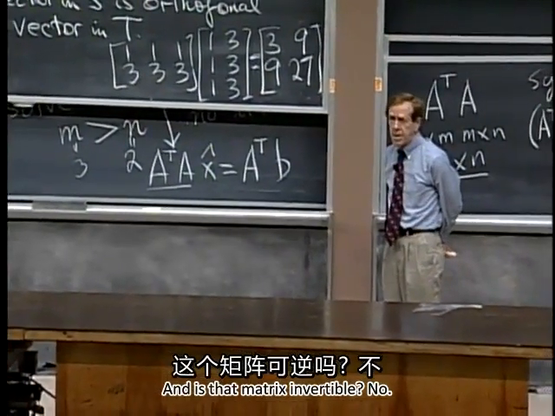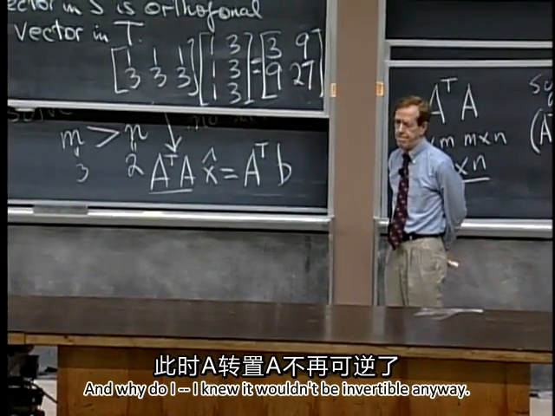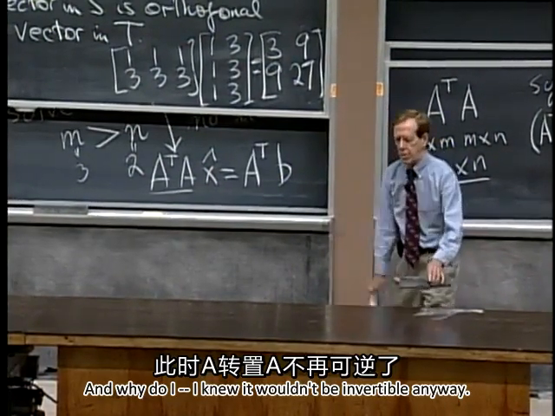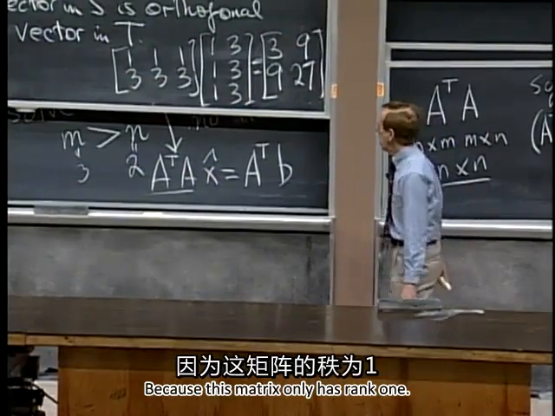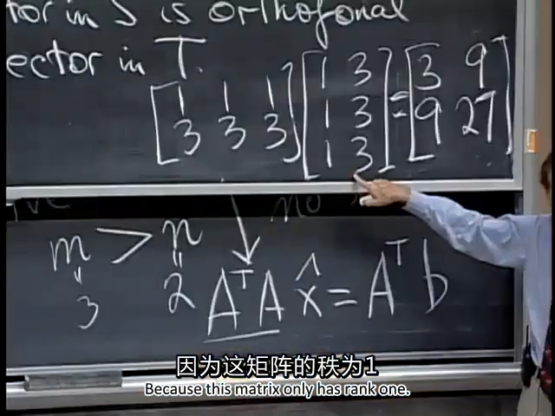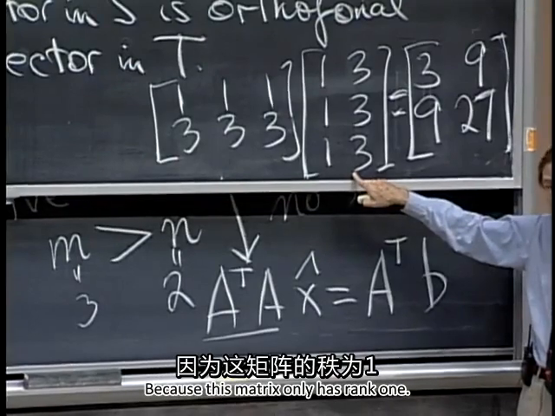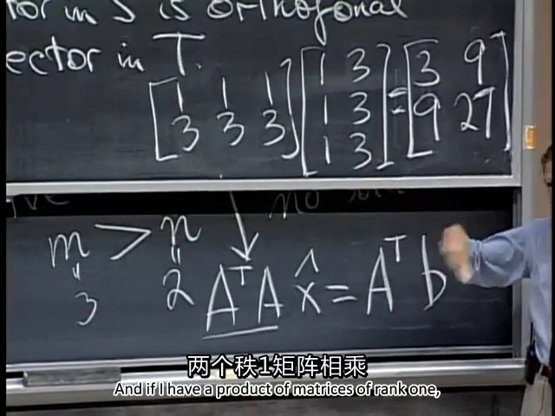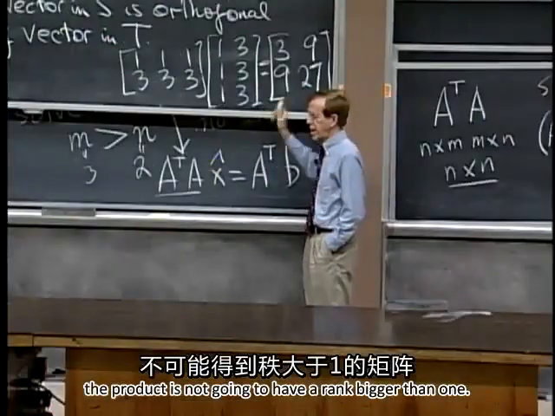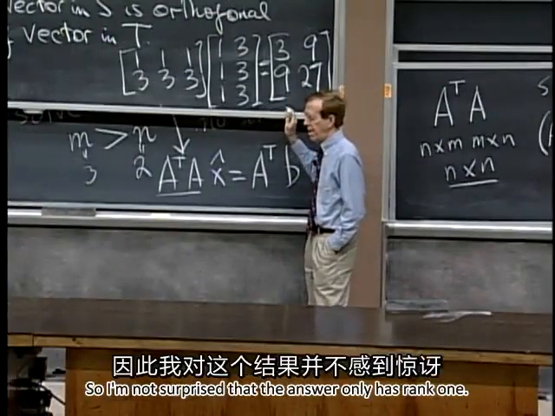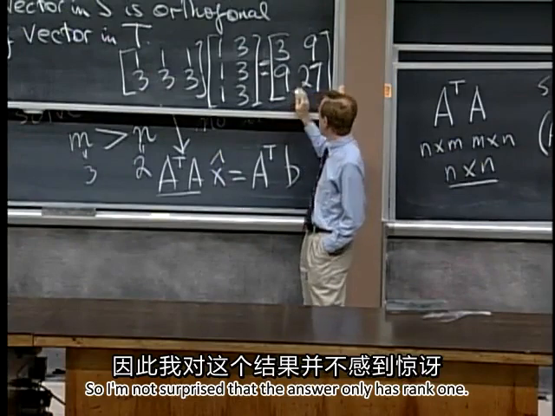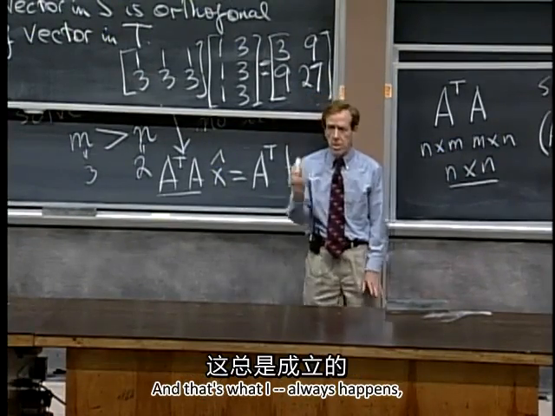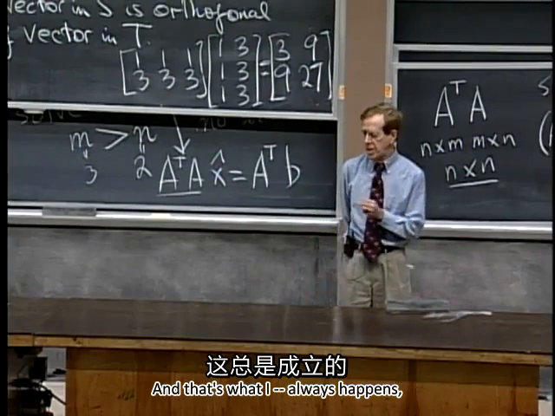And is that matrix invertible? No. And I knew it wouldn't be invertible anyway, because this matrix only has rank 1. And if I have a product of matrices of rank 1, the product is not going to have a rank bigger than 1. So I'm not surprised that the answer only has rank 1. And that's what always happens.